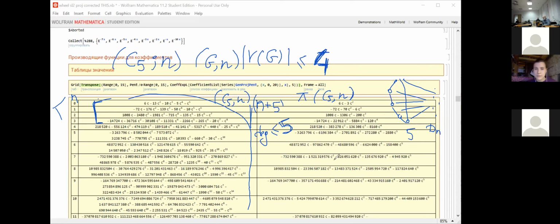It doesn't depend on n. Yes, it doesn't depend on n, and that means that its degree is less than or equal to the circumference of the graph.